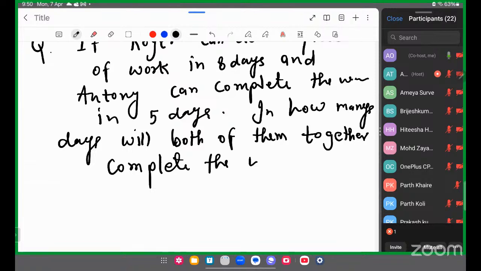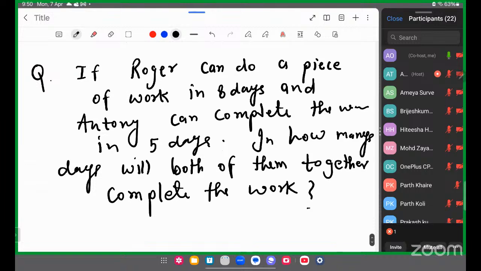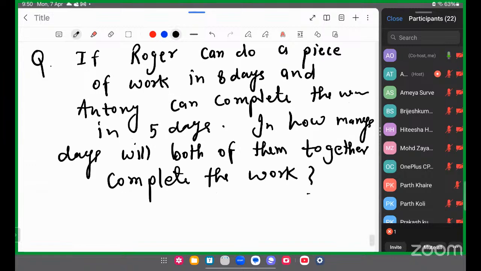Are you getting the question? There are two persons, A and B. A can complete the work in 8 days. B can complete the work in 5 days. Now the question is, if they work together, in how many days will the work be completed?